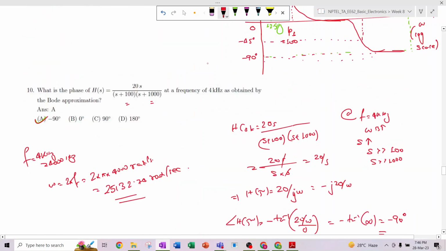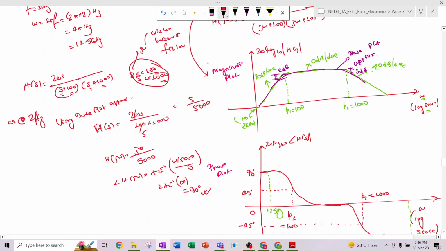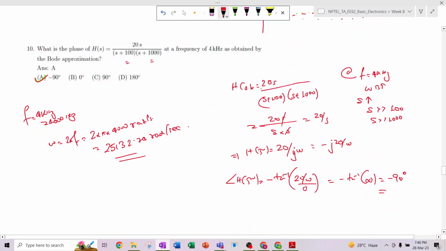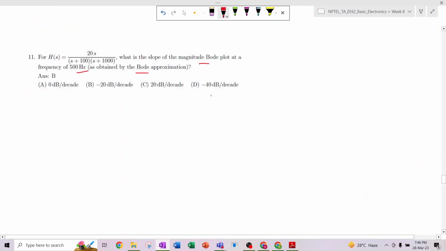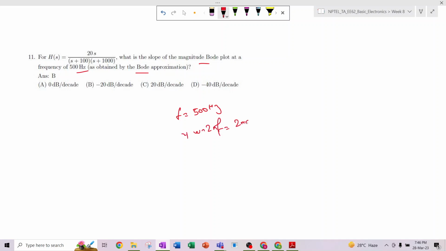So according to the given question, in 500 hertz, what is the value of omega? Frequency is 500 hertz, that means omega is equal to 2 pi f equal to 2 pi into 500 radian per second, that means 1000 into pi rad per second.